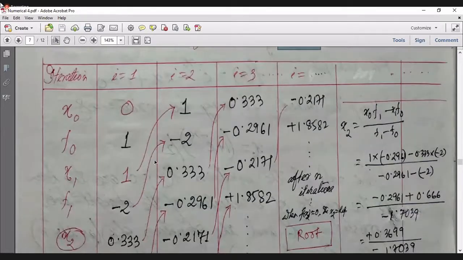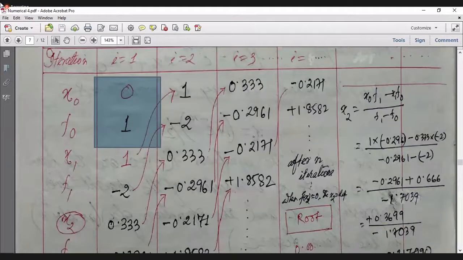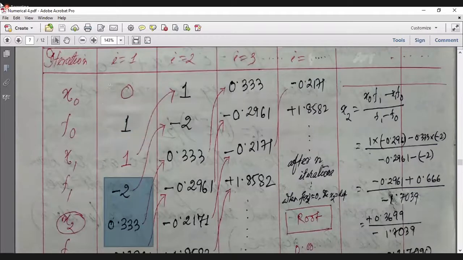Then I calculate f of x0, f of x1, and f of x2. These two are the starting points, and I'm just making this table in another way. This is the first iteration.